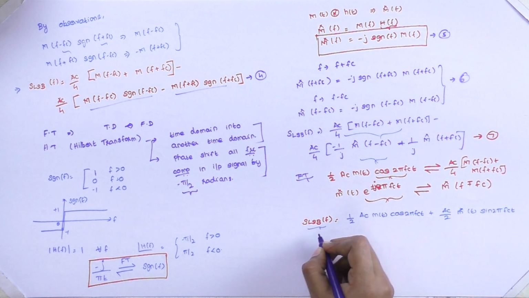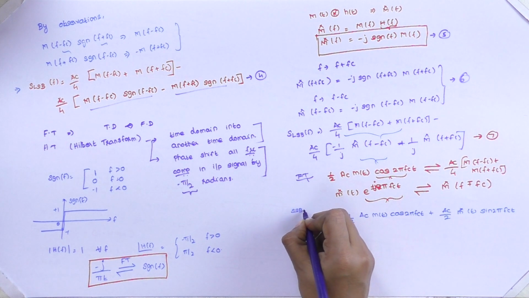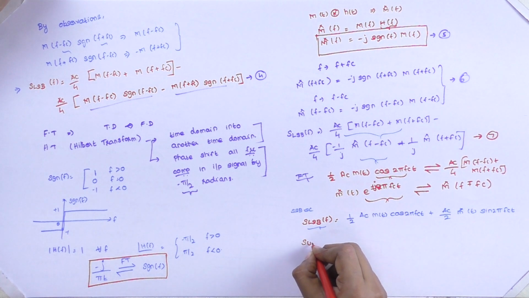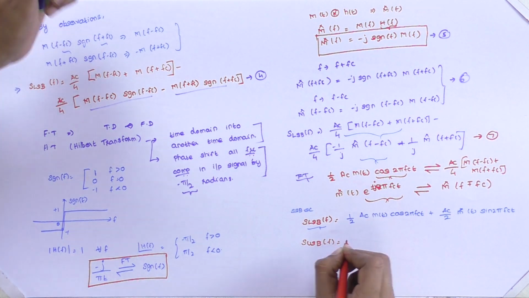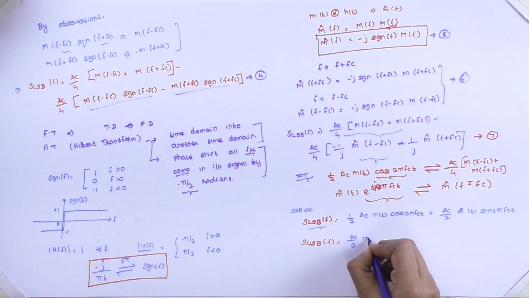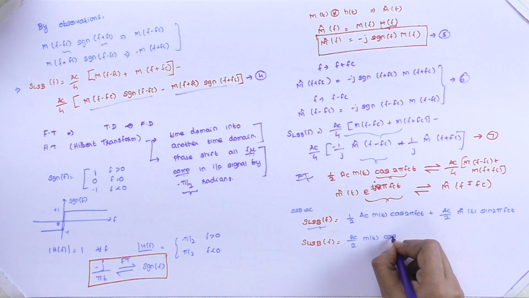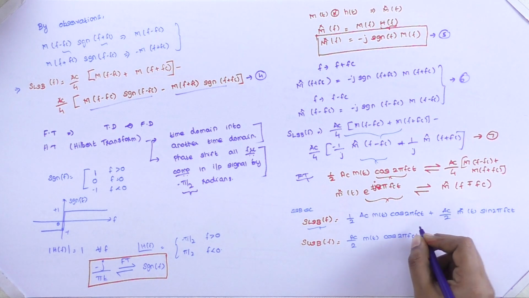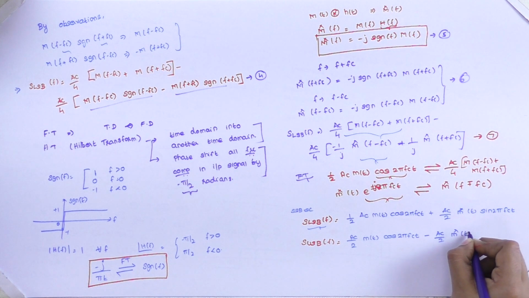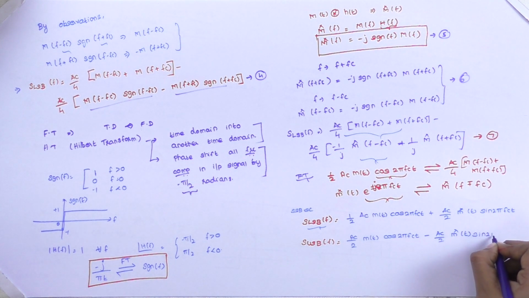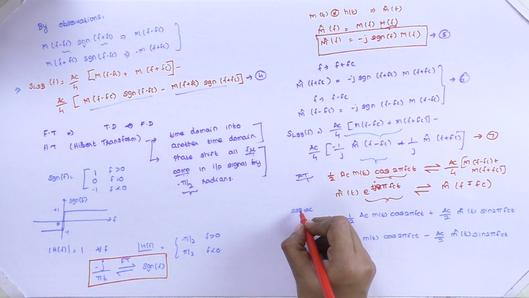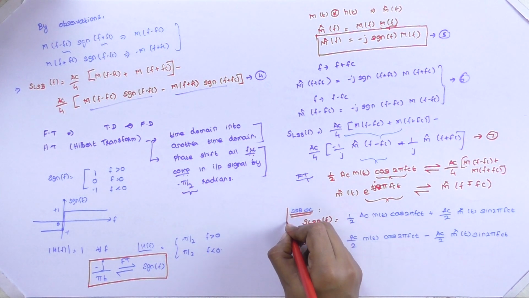This is for our lower sideband filter in single sideband suppressed carrier. If it is for our upper sideband, USB, then our term will be 1 by 2 AC by 2 m of t cos 2 pi fct minus AC by 2 m cap of t sin 2 pi fct. So this is the time domain expression for our single sideband suppressed carrier.